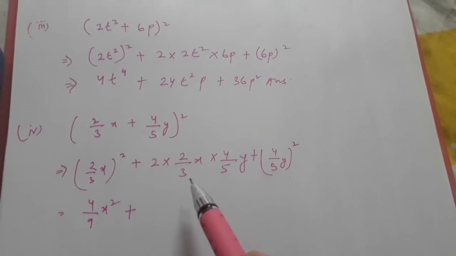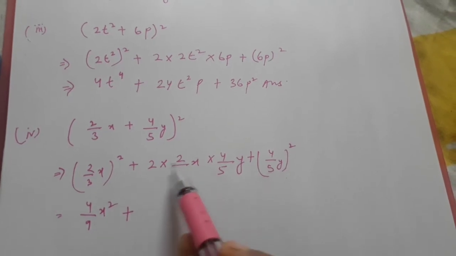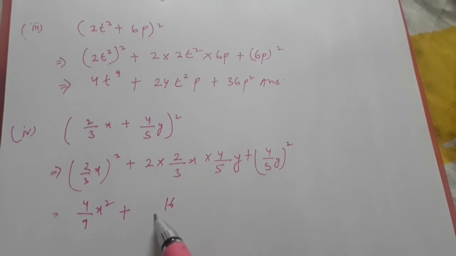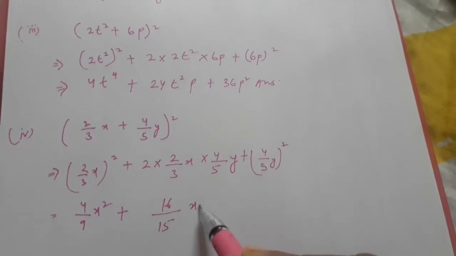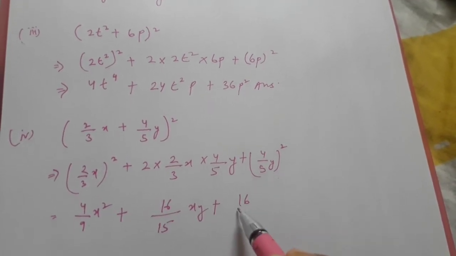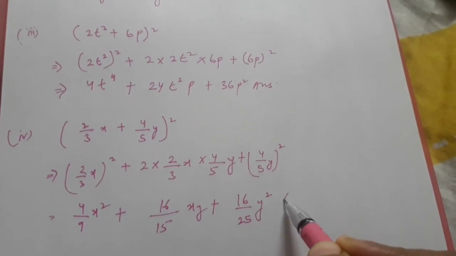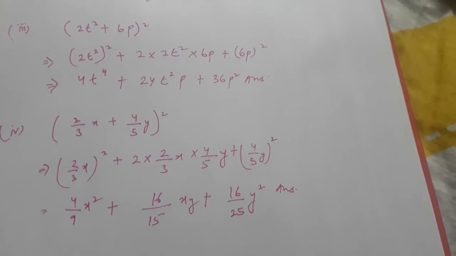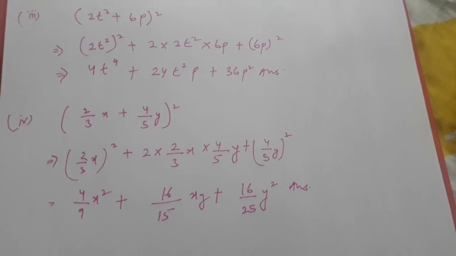There is nothing to get cancelled, so we will directly multiply it. 2 2s are 4, 4 4s are 16 and 3 5s are 15, 16 by 15 xy, plus 4 4s are 16 and 5 5s are 25 y square. So this is our answer: 4 by 9 x square plus 16 by 15 xy plus 16 by 25 y square.